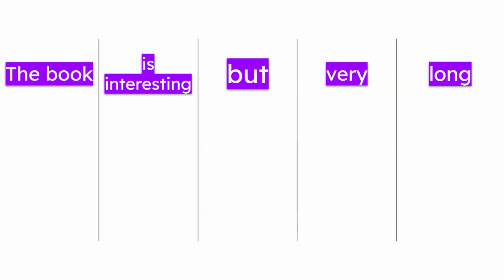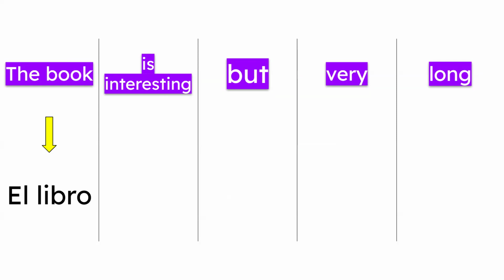Next. The book is interesting, but very long. I don't like that. I mean, it's interesting, but it's very long. So, the book, el libro. El libro is interesting. So, to be interesting is a characteristic or a state for a thing in this case.